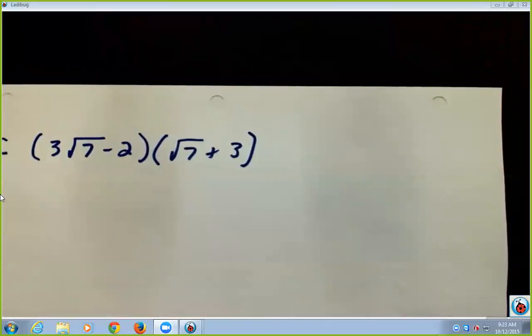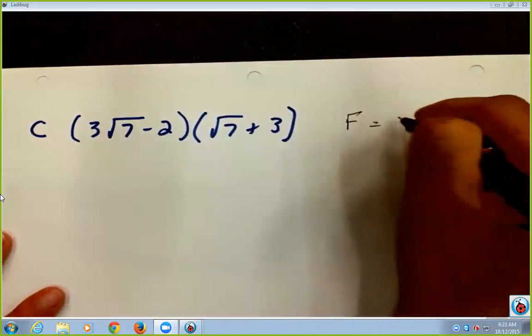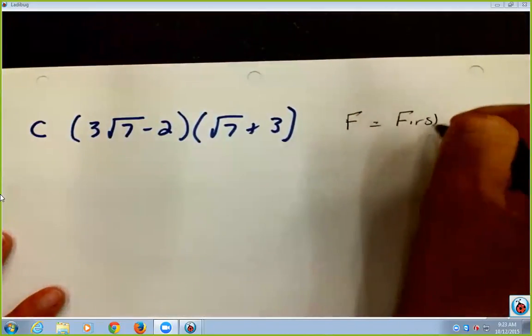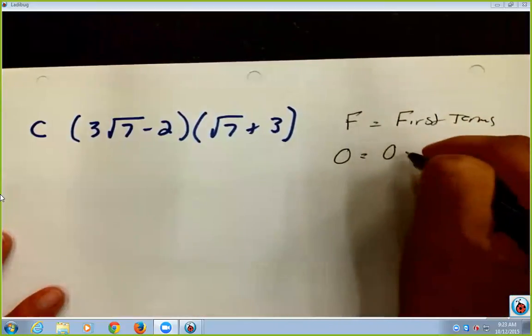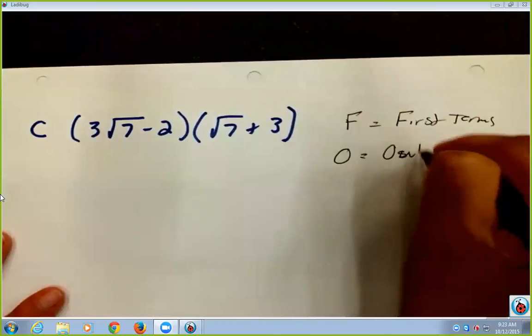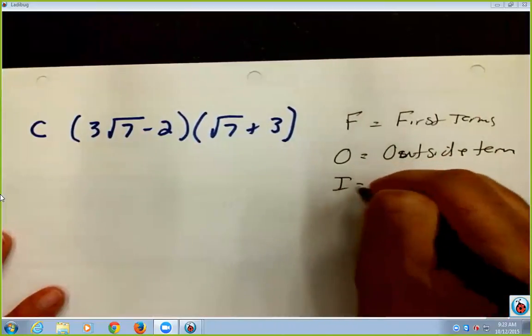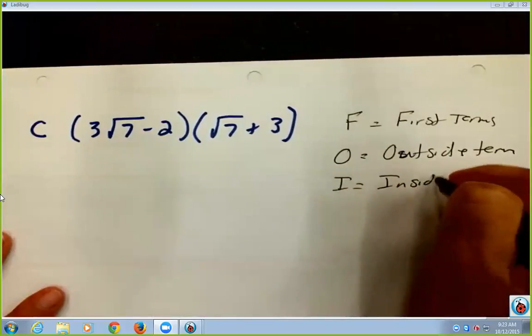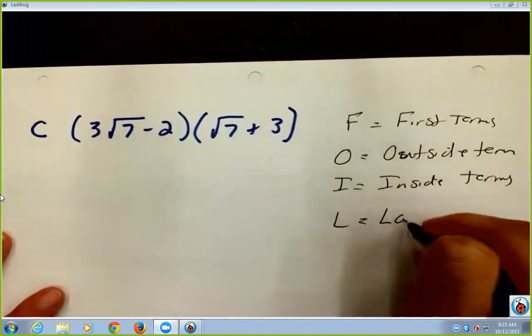So this one is straight foiling. Foiling: F stands for first terms, O is outside terms, I is for inside terms, and L is for last terms.